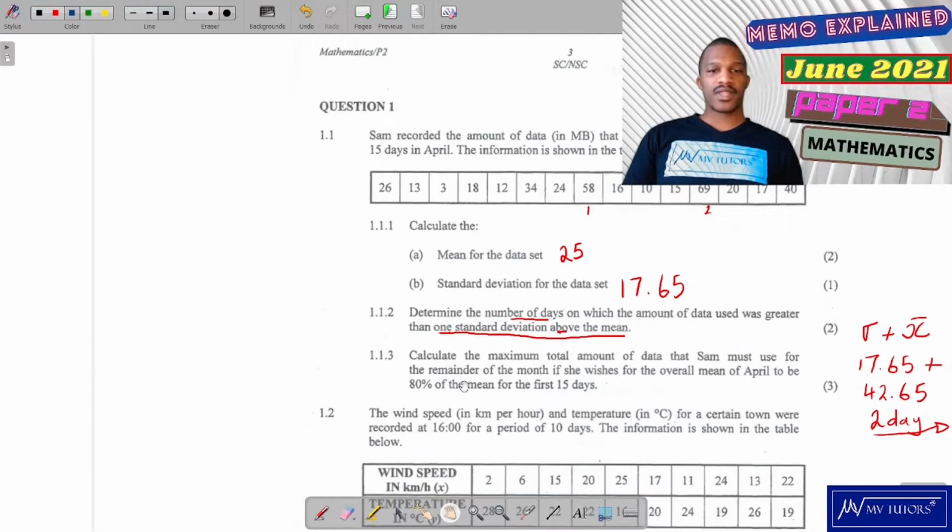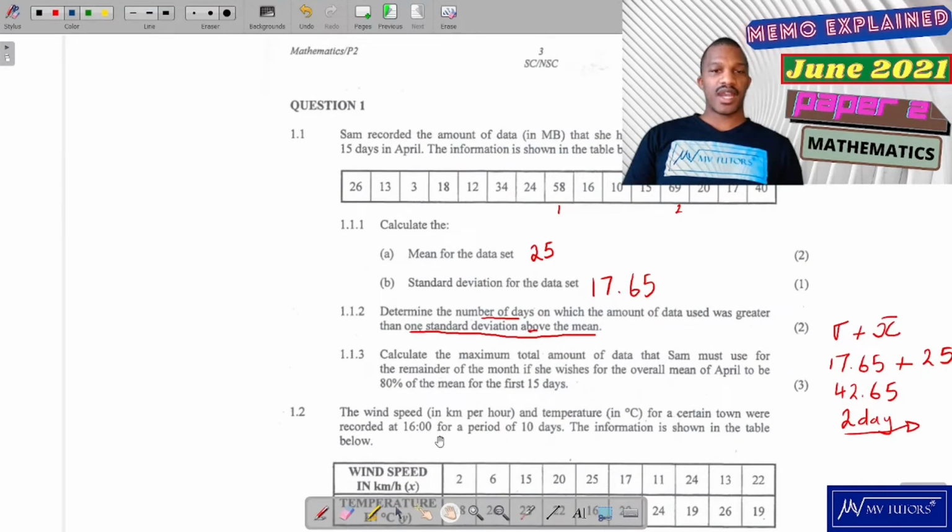So what this question is saying is, maximum amount, a remainder of the month, if she wishes for the overall mean to be 80% of the mean of the first 15 days. So let's do this.